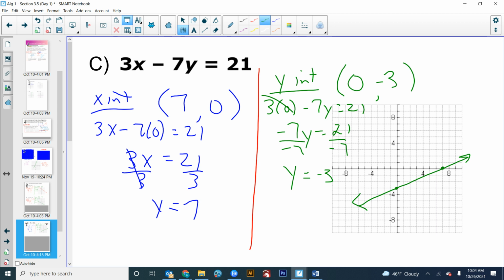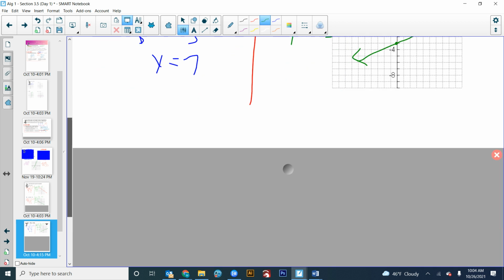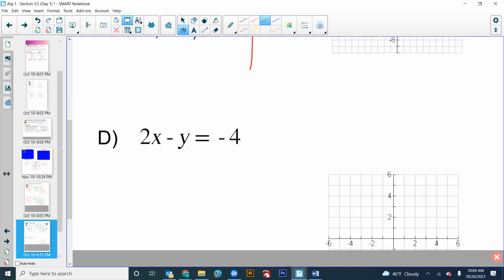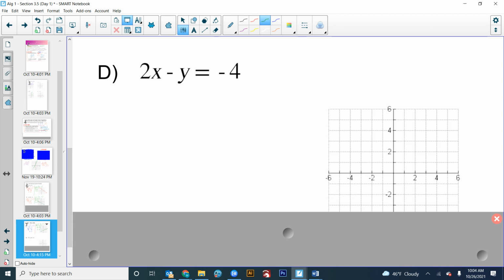I don't think we need to even do it. I'm gonna look at this real quick. Oh, you know what? It's different on yours, isn't it? Yeah, it's 2x plus 4 equals y. 2x what, Dorian? 2x plus 4 equals y. Listen.